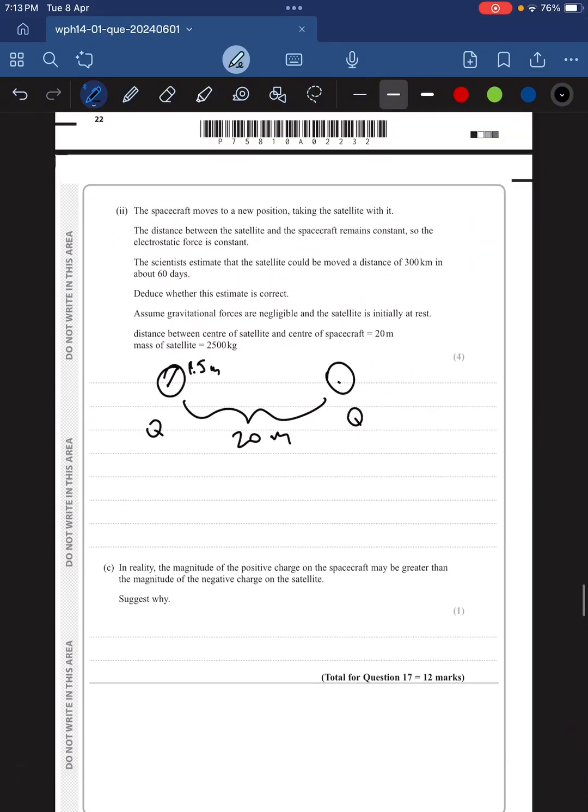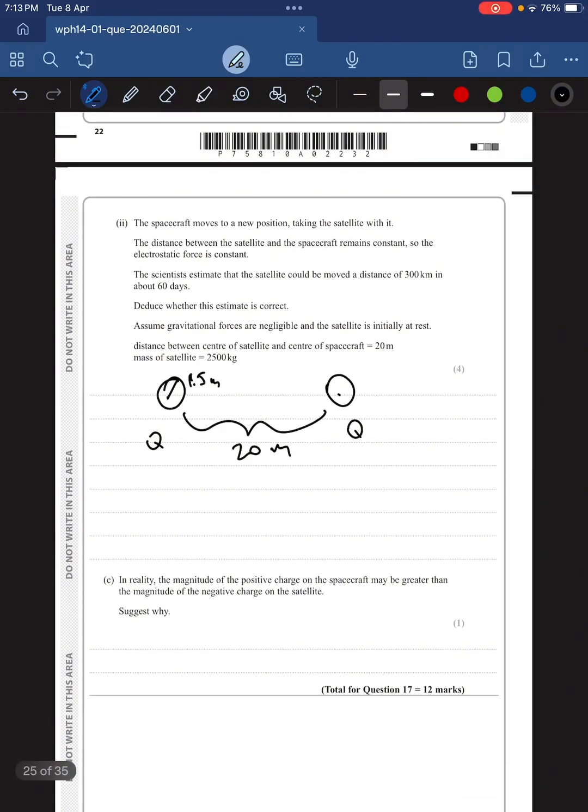Right? Question C. In reality, the magnitude of the positive charge on the spacecraft may be greater than the magnitude of the negative charge on the satellite. Suggest why. So it's a 1 mark question, so you can guess some things. So some electrons don't hit the target, because remember, we shoot electrons at the satellite.